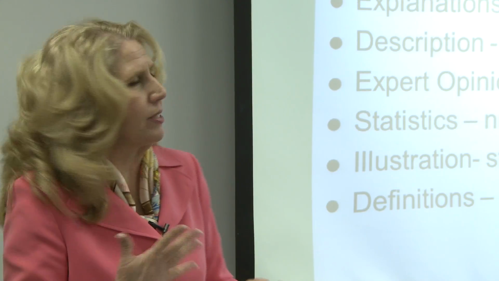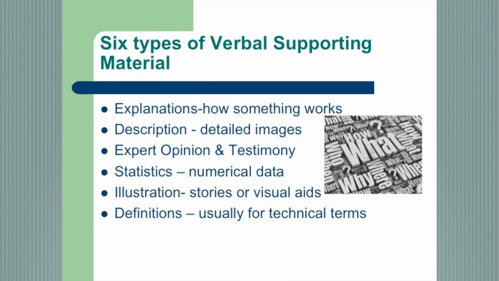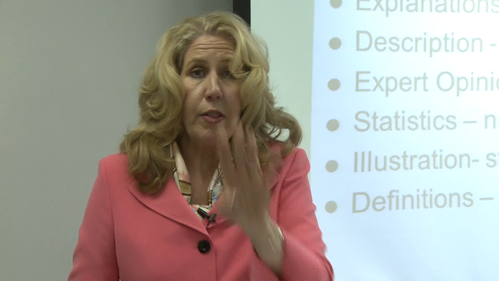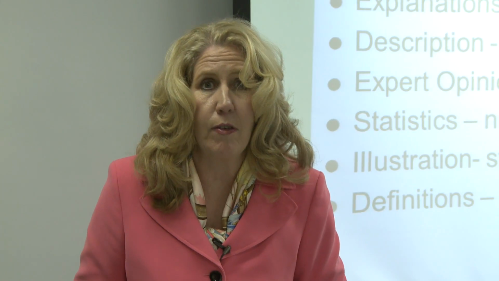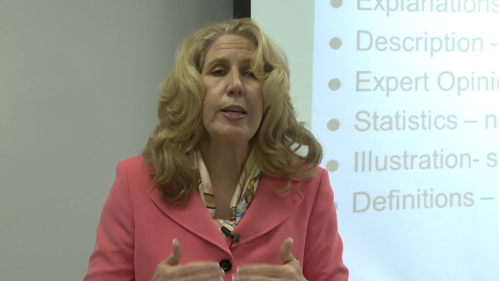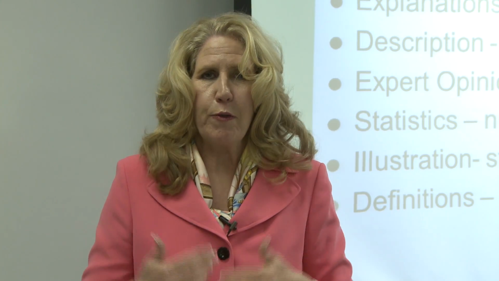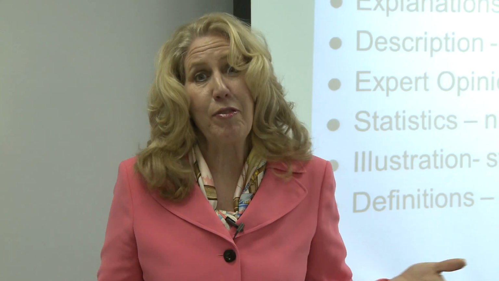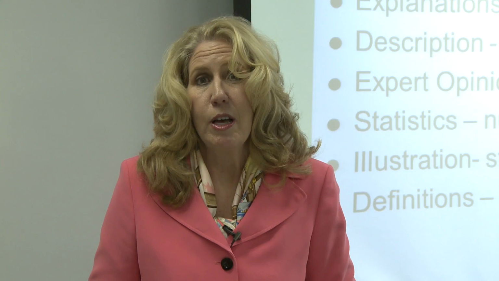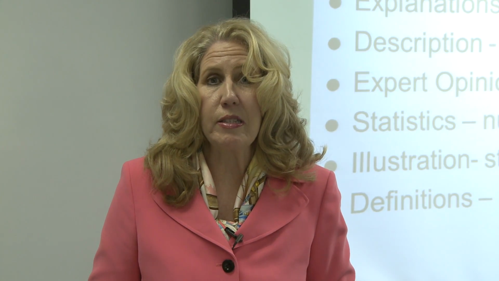So what are some different types of supporting materials? You can use things that are explanations. If I am going to talk about the criteria of a hospice program, there are 4 criteria of a hospice program. I'm going to explain each one. The first criteria is that you have to have a terminal diagnosis with a prognosis of 6 months to live.